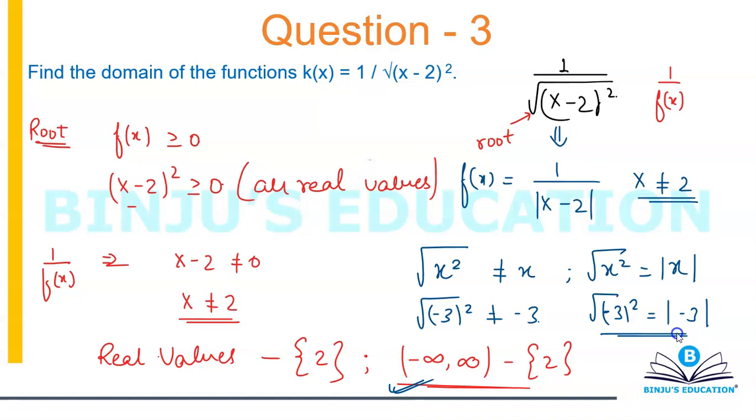That is, the input value within the under root is always 0 or greater than 0. Now, if the input value itself is non-negative, how can the output be negative? It can't be. That's the reason.